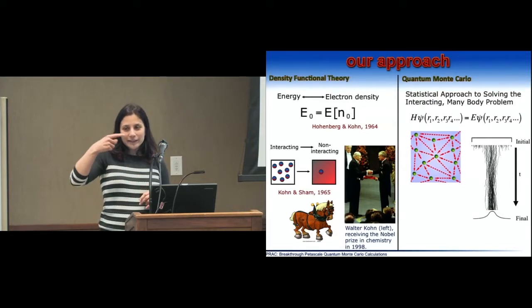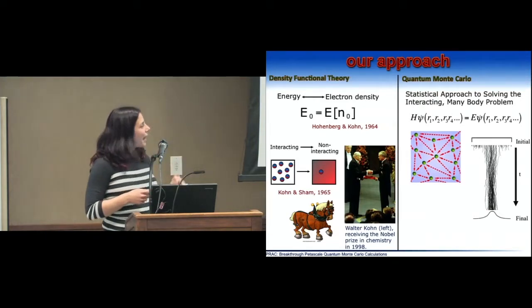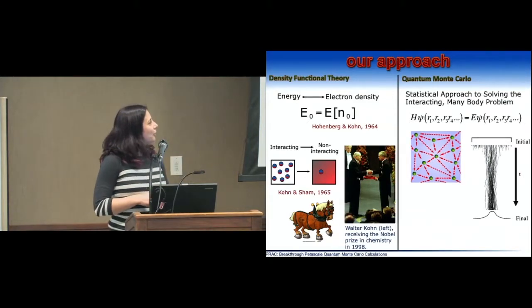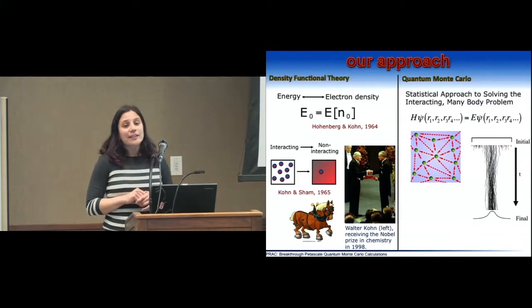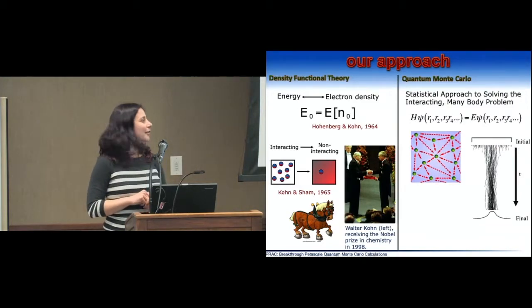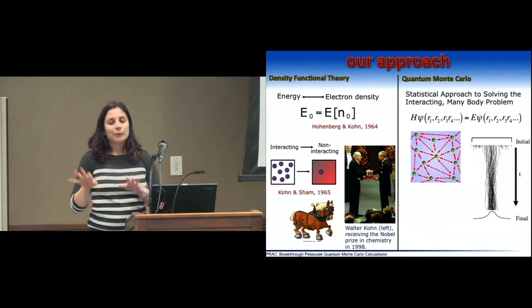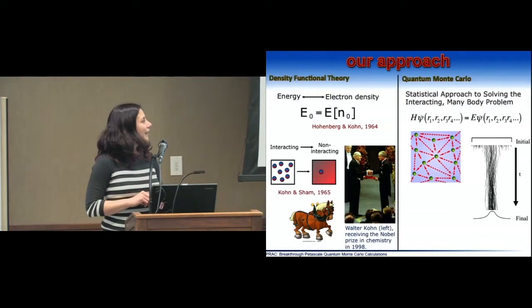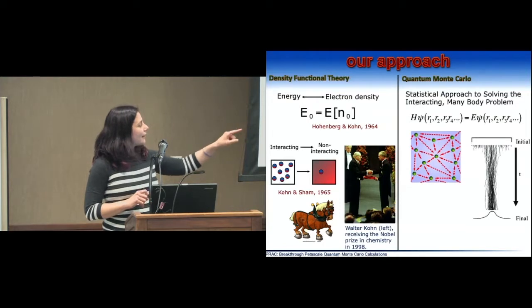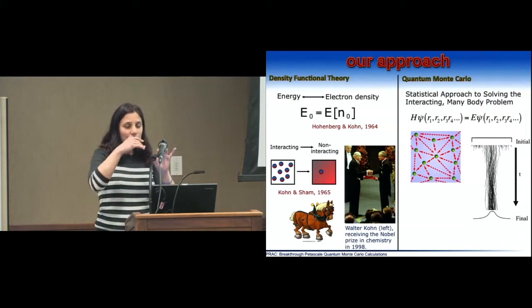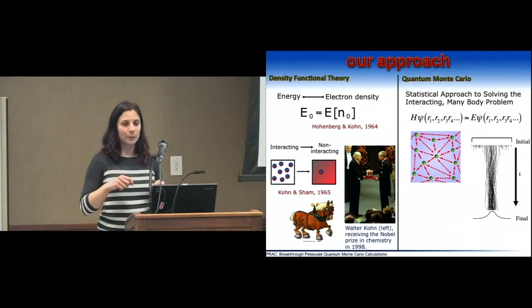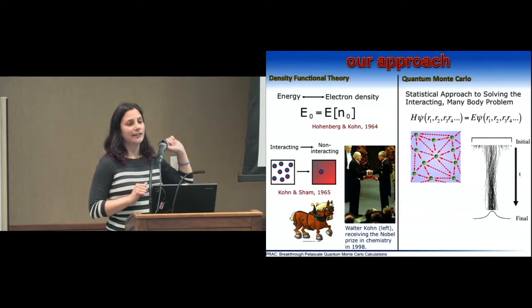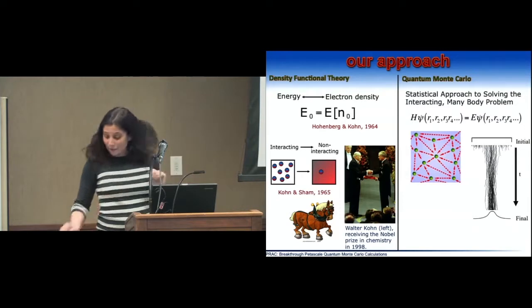Then we statistically describe that wave function by a distribution of walkers in that 3N-dimensional phase space, where N is the number of electrons in your system. Then we propagate them. We move them around according to the dynamics of that diffusion equation. Those walkers will, as in this case, over time move to areas where the potential is low, move out of areas where the potential is high, and you'll eventually converge to a stationary state. So that's how quantum Monte Carlo works.